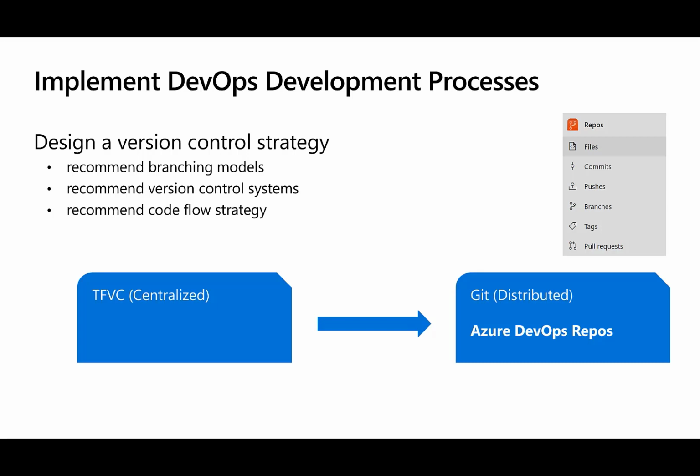And from there, making changes to the source code, committing the changes back to the centralized environment. That's where pull requests are coming in. And from there, merging the pull request changes and ending up in a new version of your application source code.